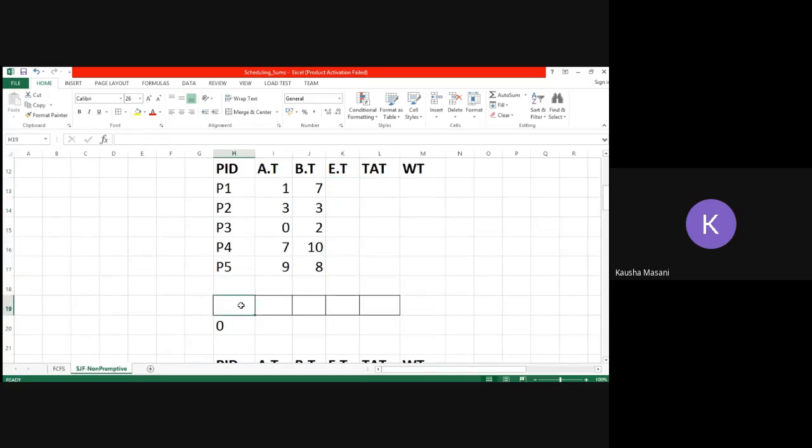And the burst timing, that means the execution time for it will be for 2 seconds. So this P3 is done. Now P2, you must have filled P2. And execution time for P2 will be 5. So P2 is also done.